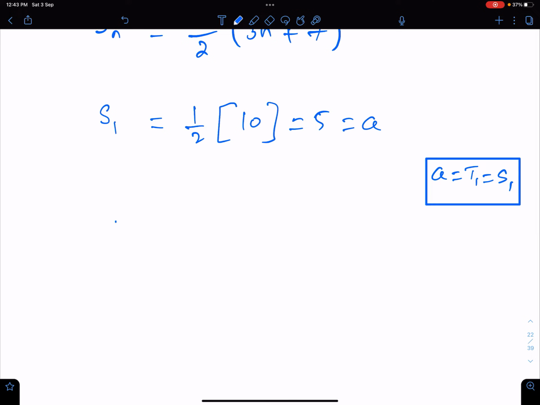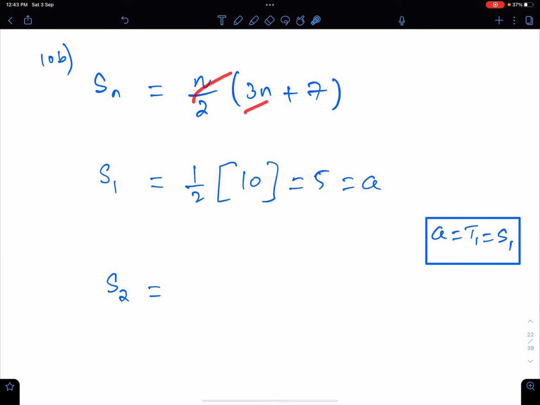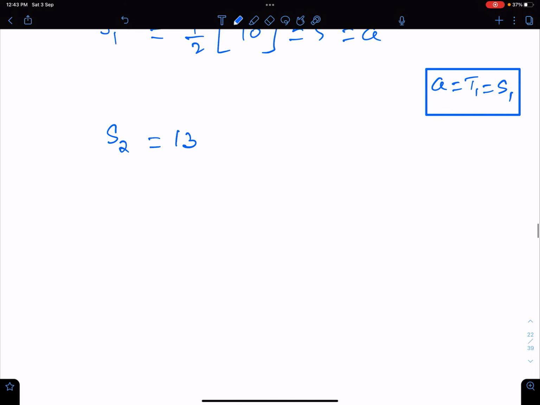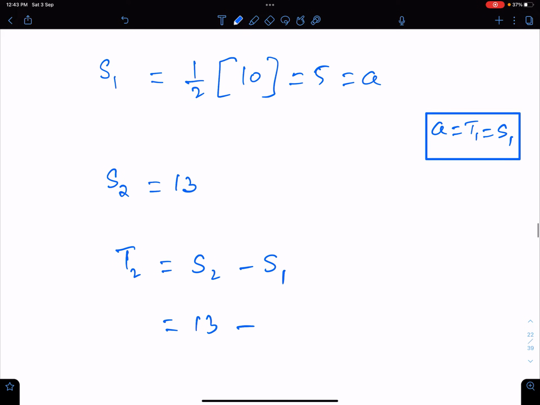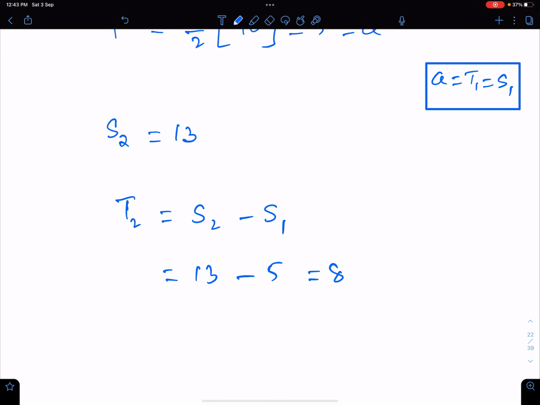Now, we need S2. For that, we need to put n equals 2 in this equation. So when we put 2 here, we'll get 1, 2 here, 6 plus 7, 13. So we need T2. T2 is S2 minus S1, so 13 minus A, which is 5, 8.